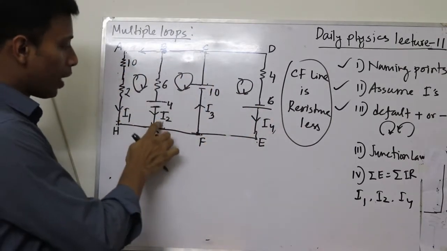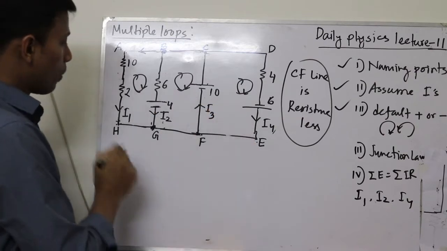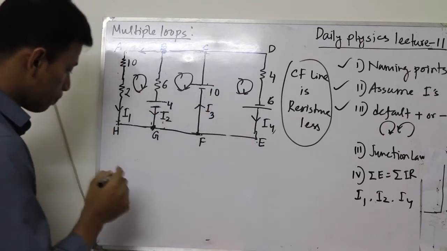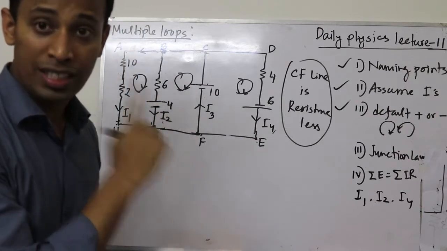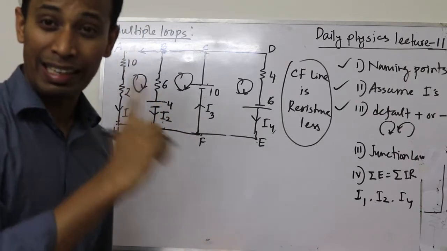Okay, I have to get I1, I2, I4. First get I1. Please remember, we have to take CF as common because the CF line doesn't include any resistance.